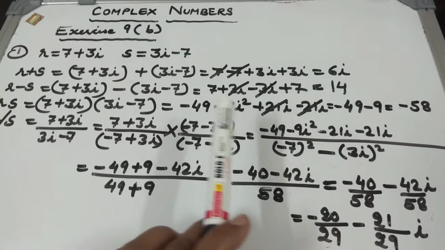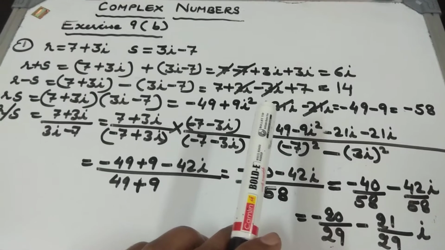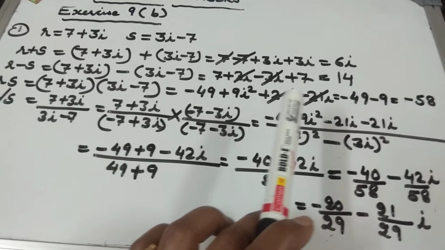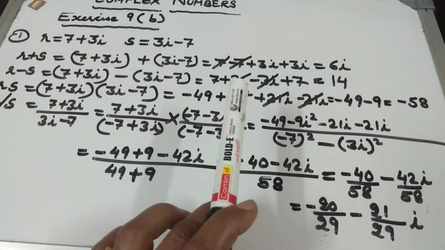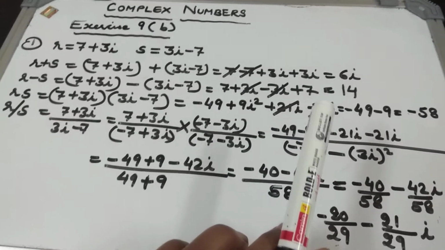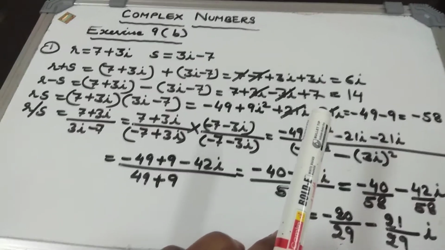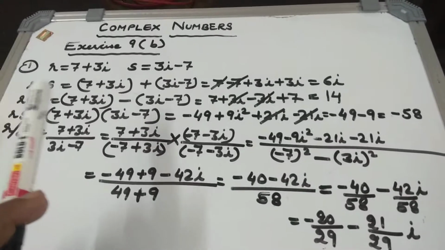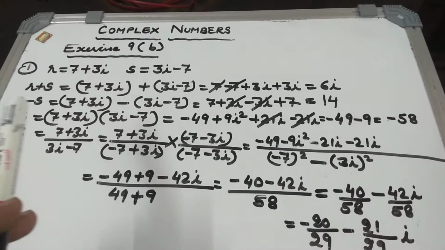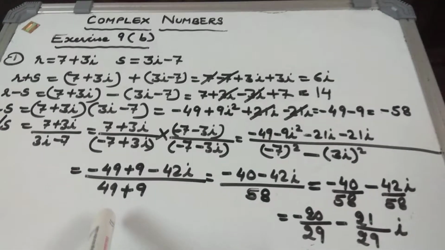So the first two terms won't change, 7 plus 3i, but the third term becomes minus 3i and the fourth term will be plus 7. So plus 3i minus 3i will cancel and 7 plus 7 becomes 14. Just see the difference between addition and subtraction of the same numbers. Addition is giving you an imaginary number and subtraction is giving you a real number.